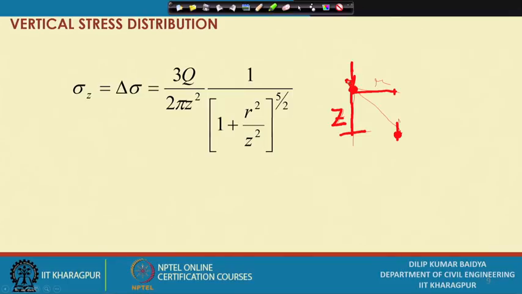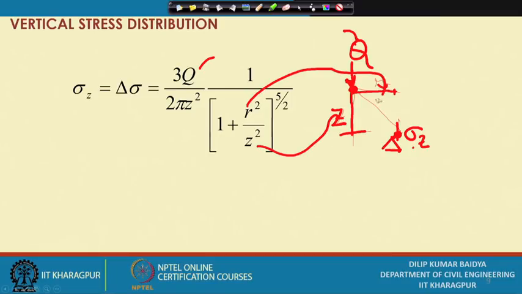If I apply a Q load here, I will get delta sigma z here by this expression, where Q is the applied load, z is this depth, and r is this radial distance. So, if I know these three things, then I can find the stress at a particular depth.